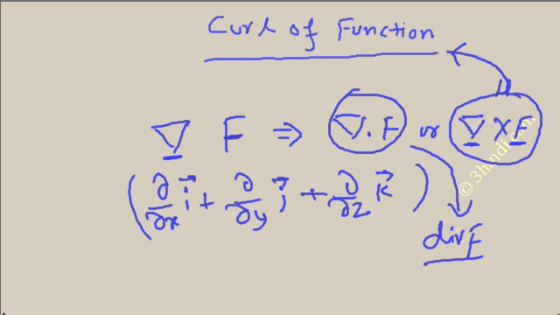So curl of any function is nothing but the cross product of del with f, and I have already explained how to do the cross product. You just require to find out the values of the cross product in determinant form.